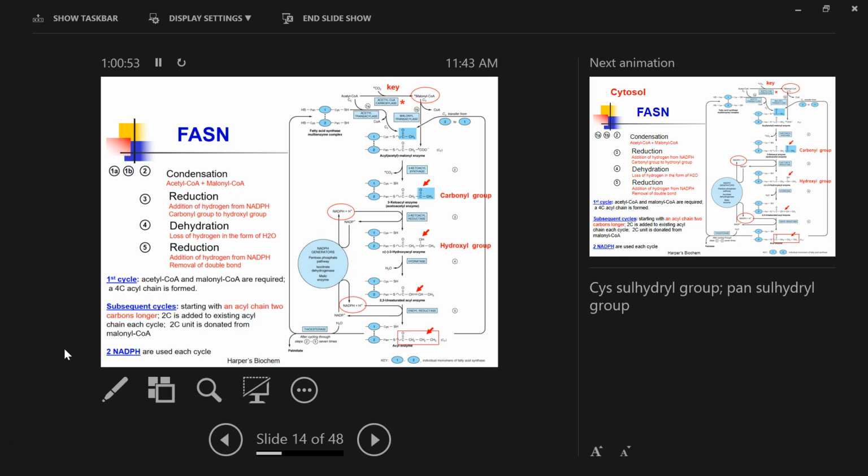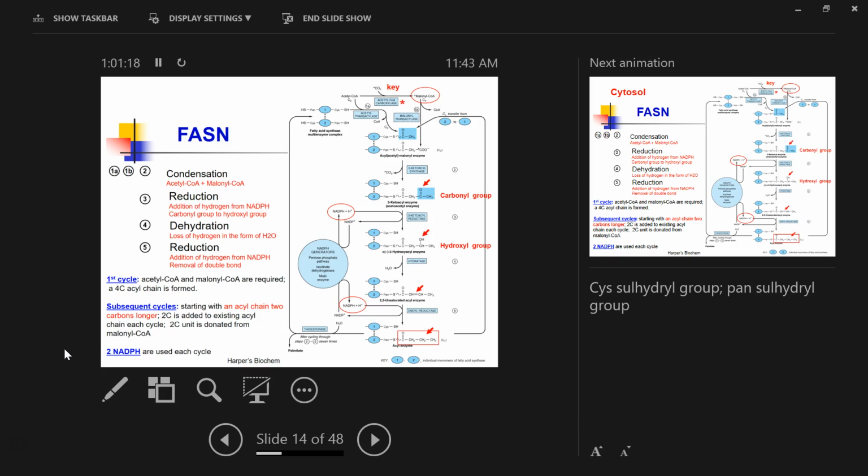So again, what you need to remember is to think of this as cycling. The synthesis of fatty acids goes in cycles, and each cycle adds 2 carbons. The substrates for the fatty acid synthesis cycles are acetyl-CoA and malonyl-CoA.